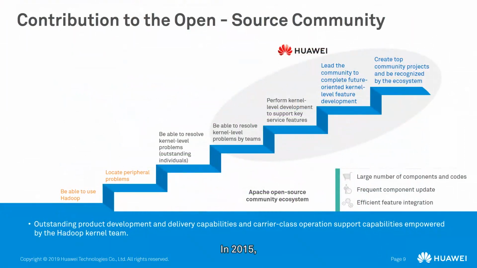In 2015, Huawei ranked number 2 in the Hadoop open source community, second only to Hortonworks. And in 2016, Huawei ranked number 1 in the Hadoop open source community.